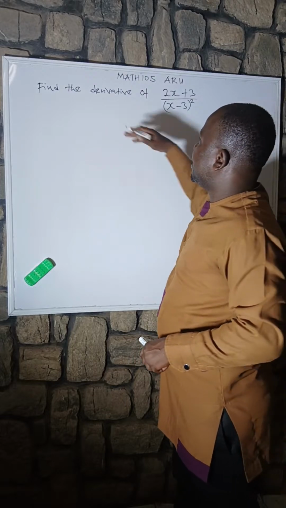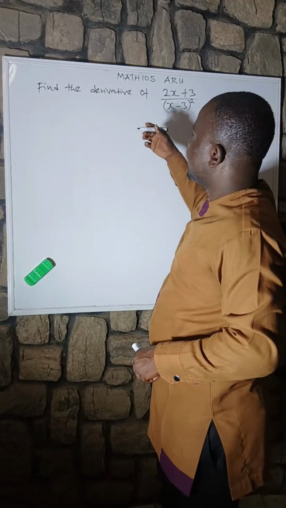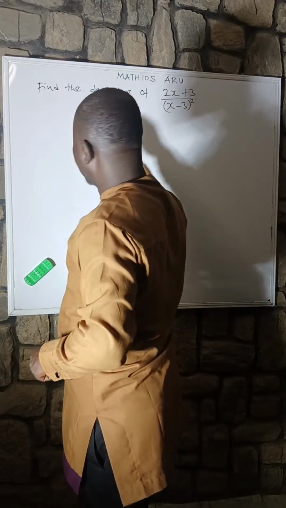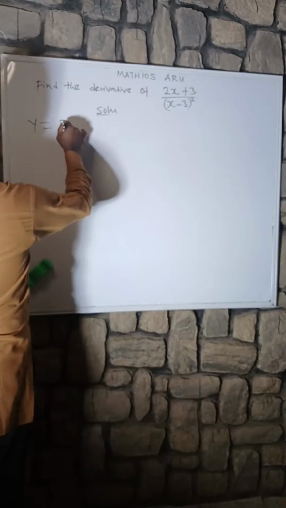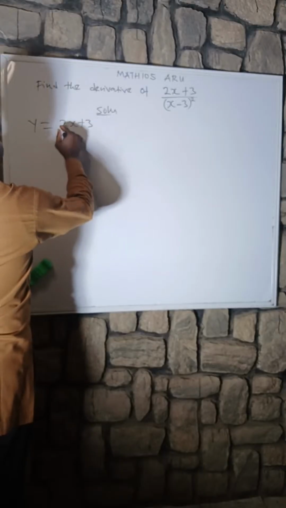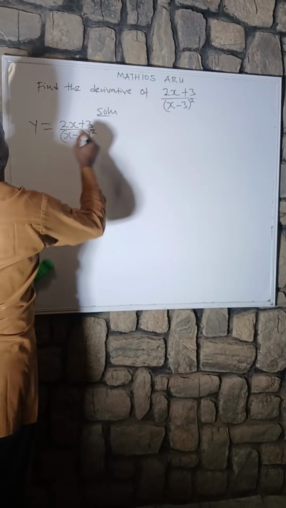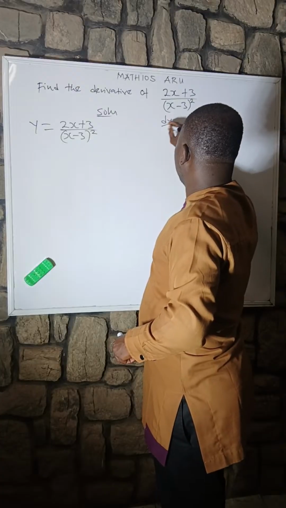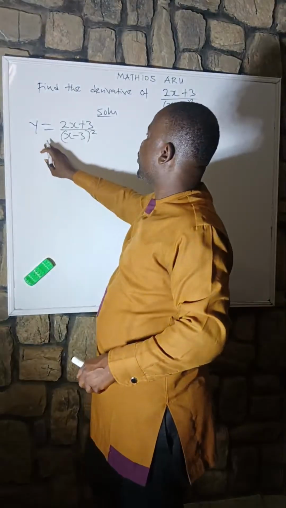When they say find the derivative, we can now say let y be equal to this: (2x plus 3) all over (x minus 3) all in square. It means they are talking about your dy all over dx. But not necessarily do you say let y equal this.